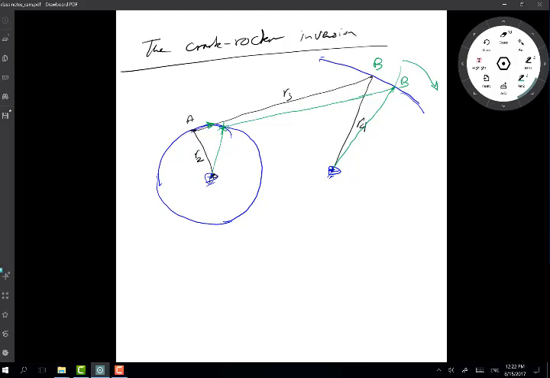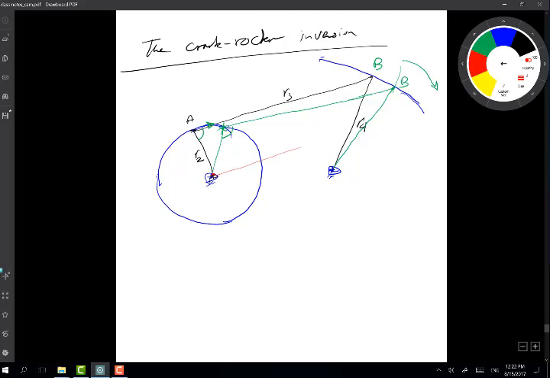So we realize now that as this angle increases, you'll find that point B is thrown away. Point B will keep going further away till this angle is 180. So you get a situation such as this one.